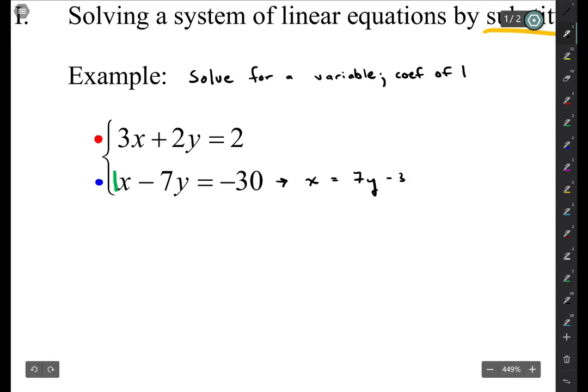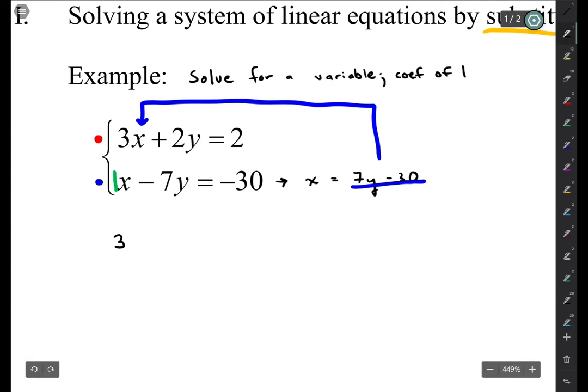Now that x is solved for, I can take that from the blue equation. So I know that x is really 7y - 30, and I can substitute it into the other equation, the red one.